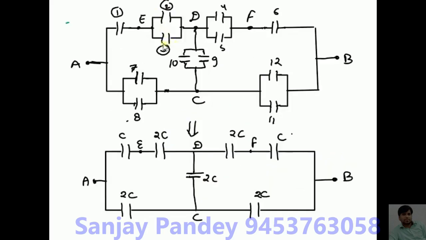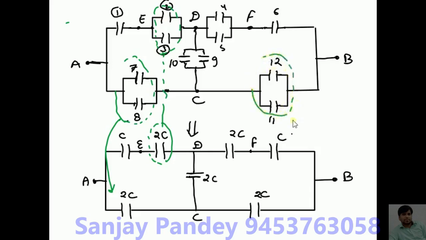As each capacitor has magnitude C, the resultant of 2 and 3, which are in parallel, is 2C. Their resultant 2C is shown here. The resultant of 7 and 8 is also 2C. This is shown here. The resultant of 12 and 11 is also 2C.